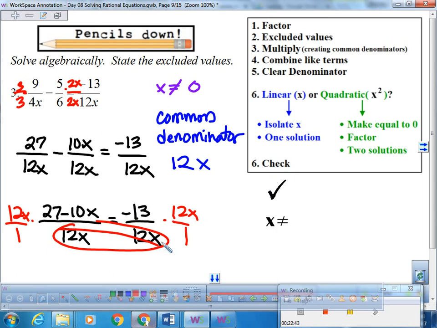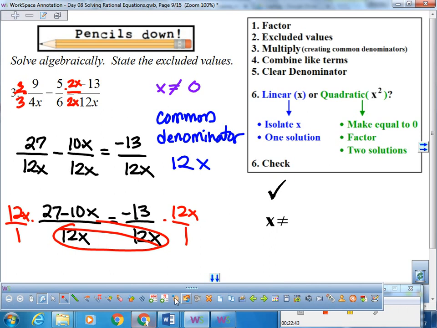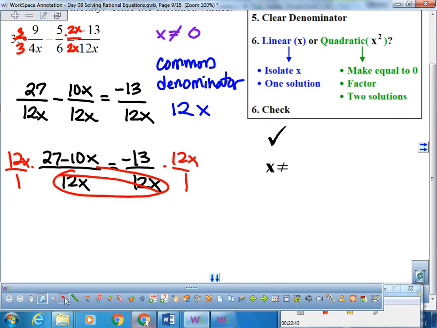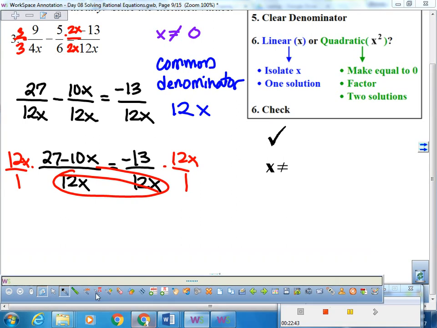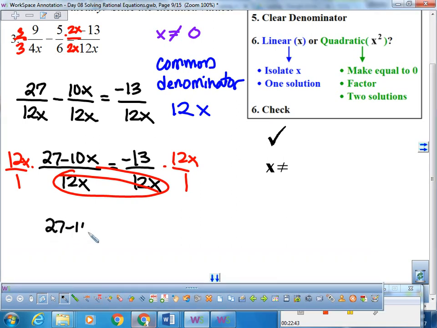So this problem just turned into something a lot more simple. I went from this crazy problem up here, with fractions, to now just 27 minus 10x equals negative 13. It's solving a two-step equation.